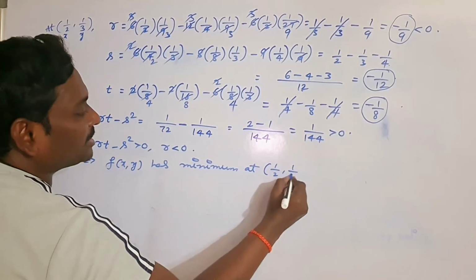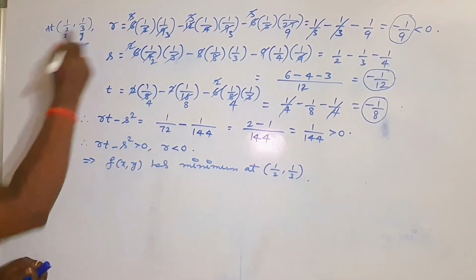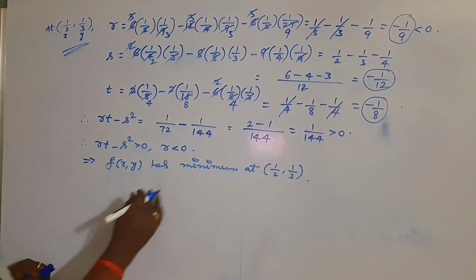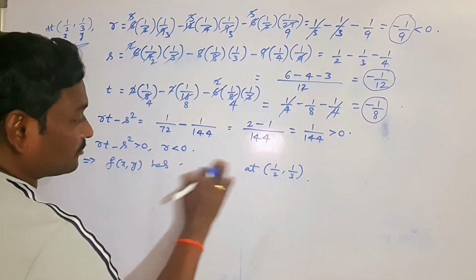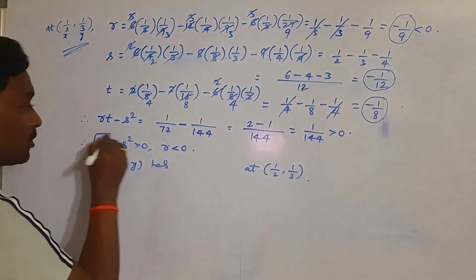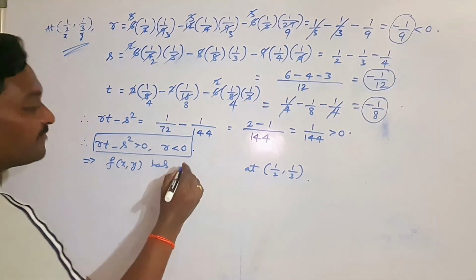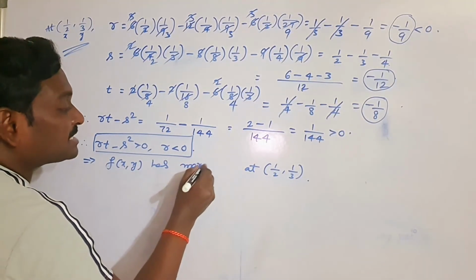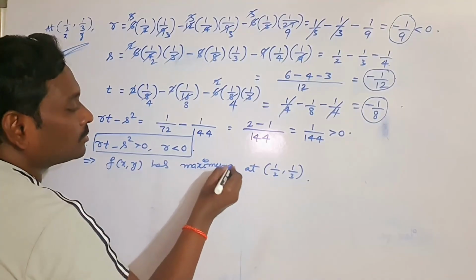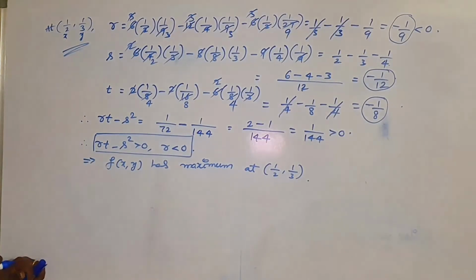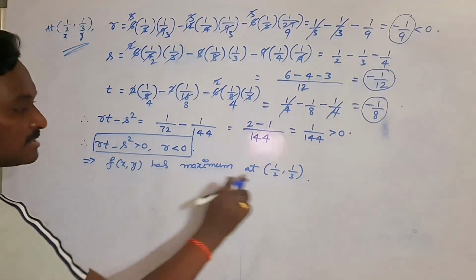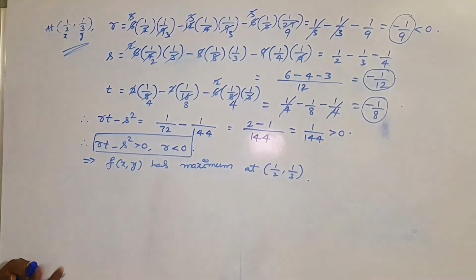What is the stationary point in this problem? 1/2, 1/3. So we have to find, extremely sorry. Whenever RT minus S square is positive and R is negative, you should observe that f of x, y has maximum. Don't forget it. Don't write it the opposite way. f has maximum at (1/2, 1/3).